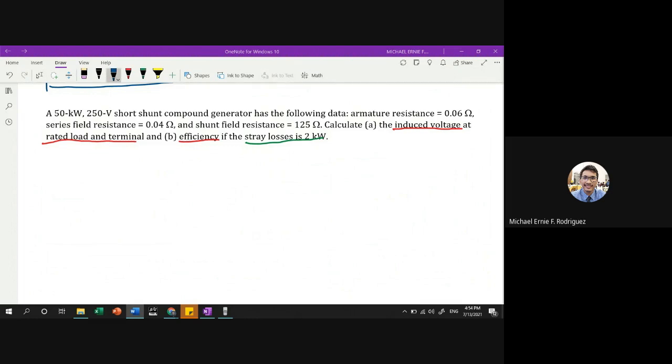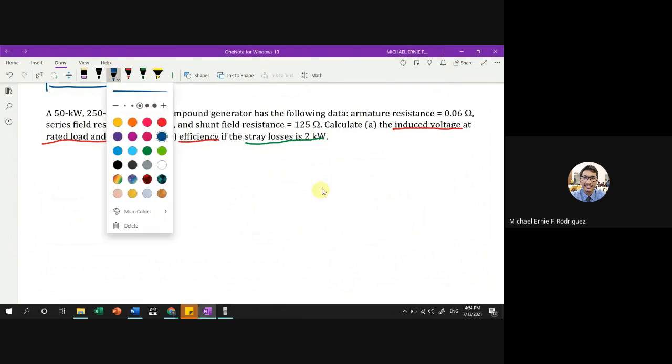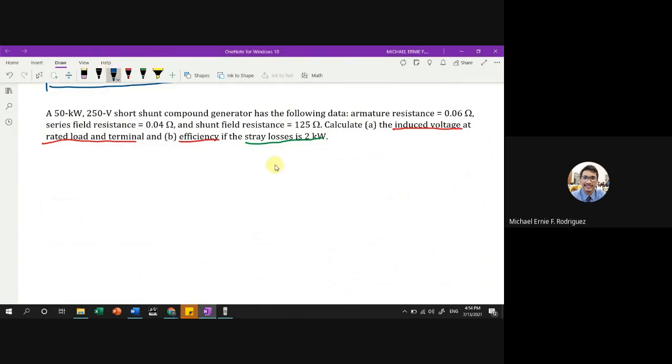Okay. Kapag short shunt yung ating generator, so we have ang short shunt, we have armature, then the induced EMF, yung ating E, and then we have ito yung ating series, shunt pala, and then pag short shunt, naka-series sa load yung ating series winding. Okay?